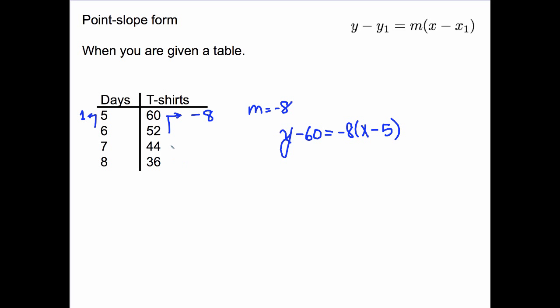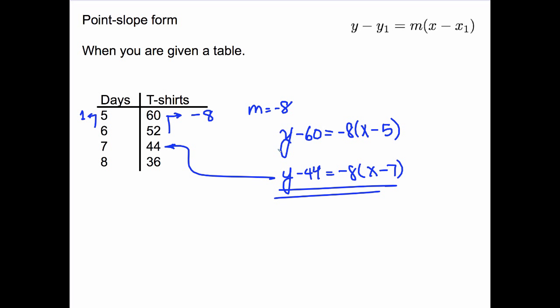Had you used another point, say this one, the equation would have looked like this: y minus 44 equals negative 8 times x minus 7. And as I said before, either of these would be acceptable.